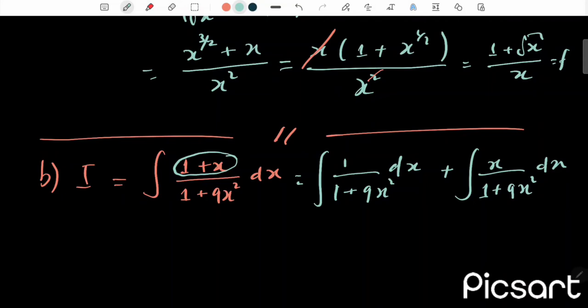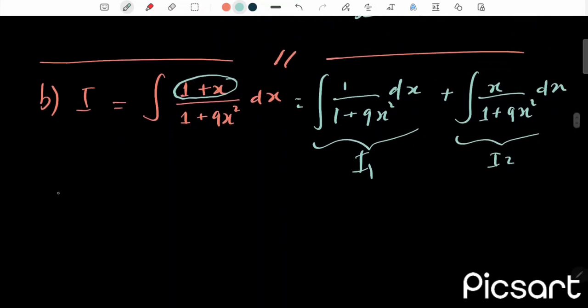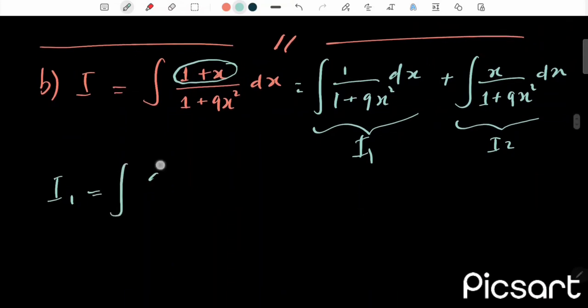I will call the first one I1 and the second one I2. For I1 I have the integral of dx over 1 plus (3x) all of these squared.